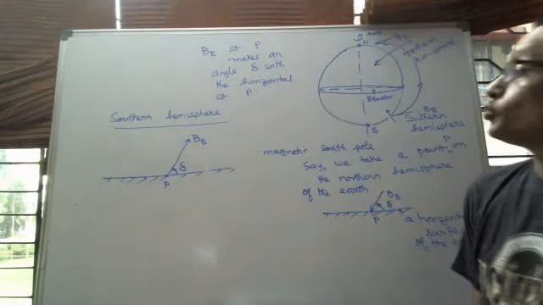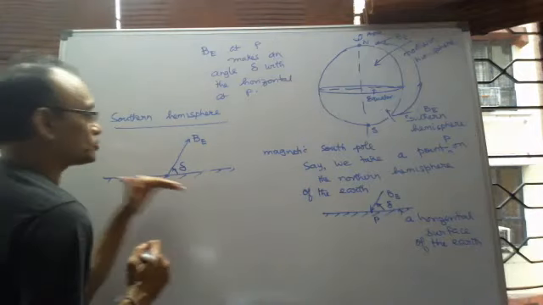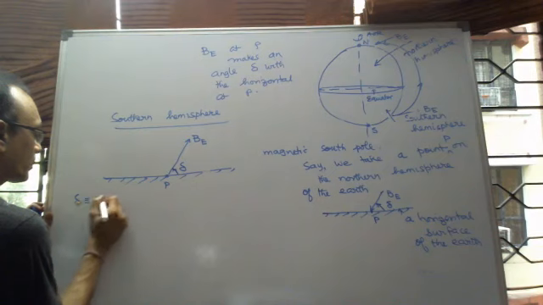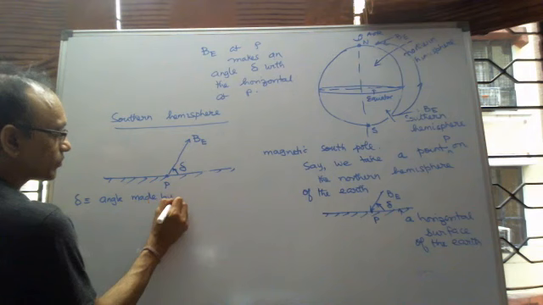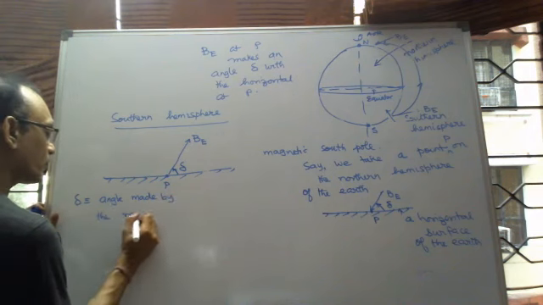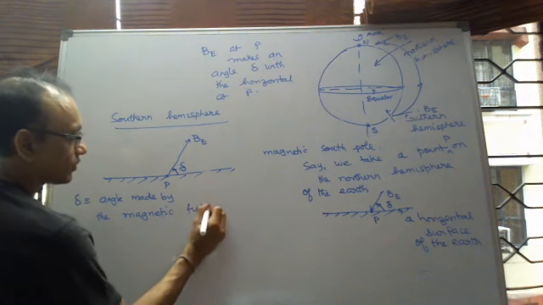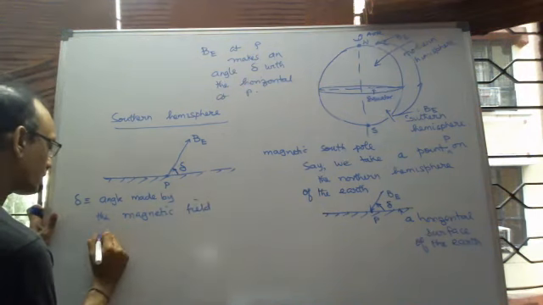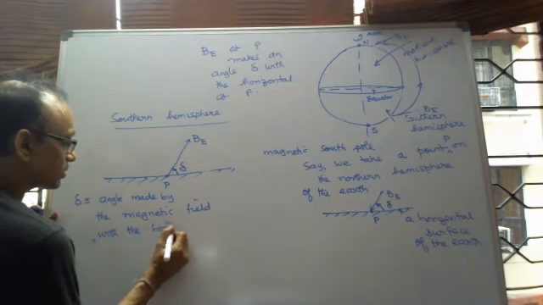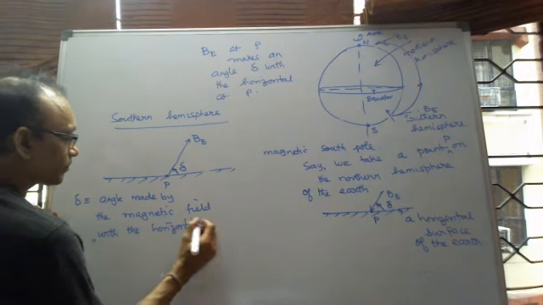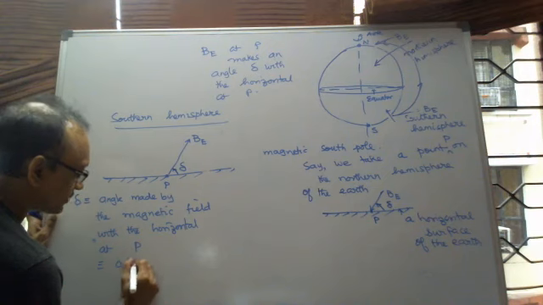So the angle made by the magnetic field at P with the horizontal is called the angle of dip.